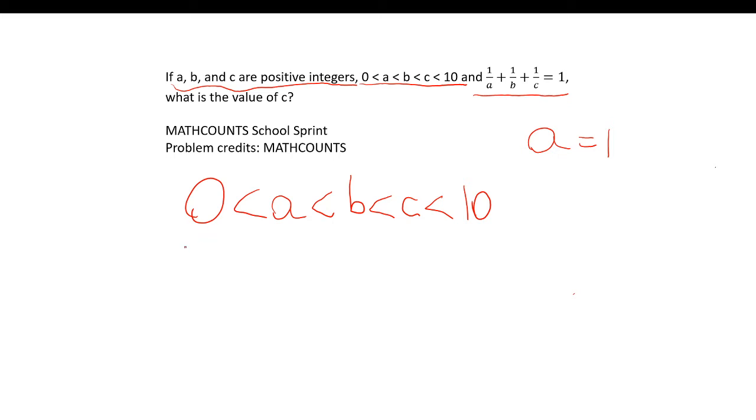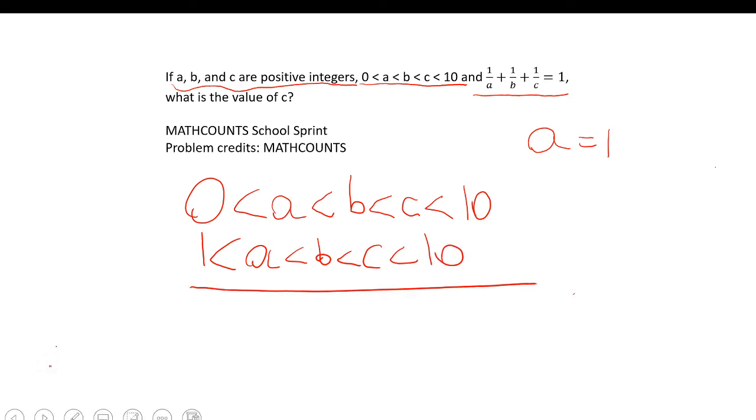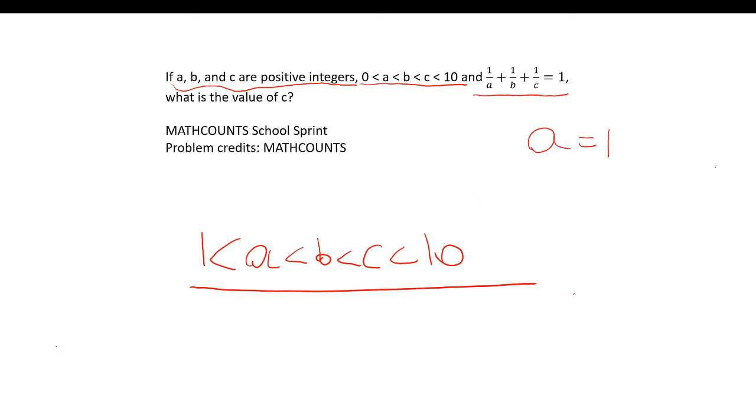So we have a new range. We don't need this 0 anymore because we have a better range: 1, a, b, c, 10. That's much easier to handle. We don't need to worry about this anymore, so I am going to erase it. Now we have something much more clean.